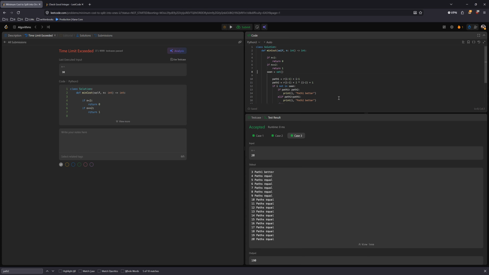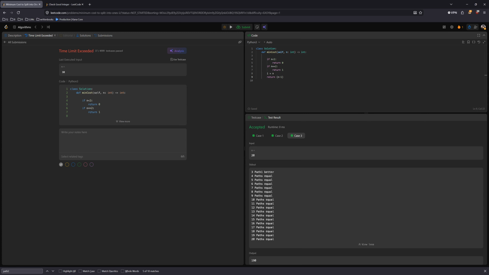Path 3 is just going to be 2, right? So let's say I equals n. We don't need to iterate. It's going to be n minus 1 plus n minus 2 all the way to 0.